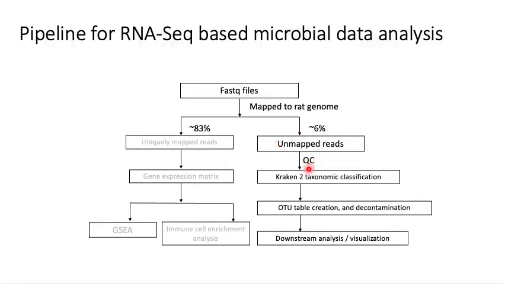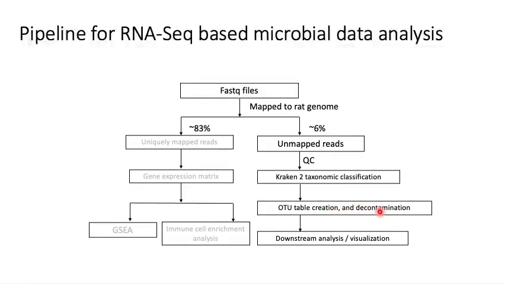After quality control, those data were considered to be the microbial data. Subsequently, we used the Kraken tool for microbial taxonomic classification, which can help us generate an OTU table, which is the operational taxonomic unit table.